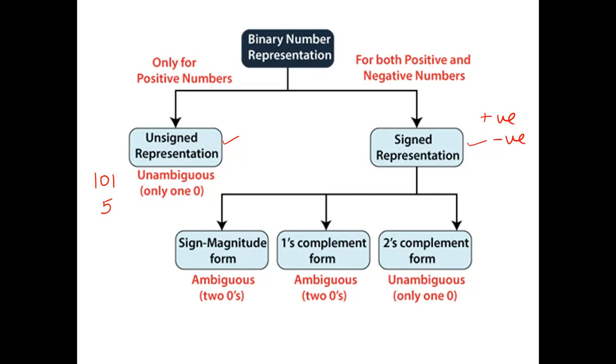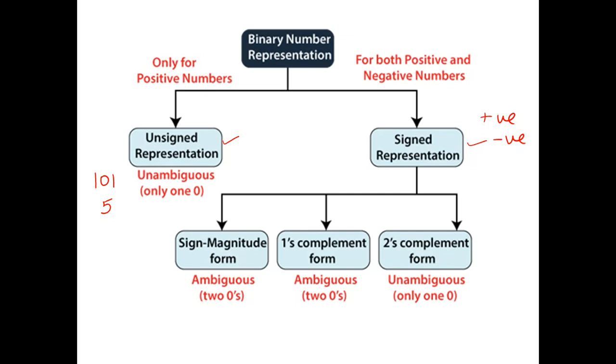Next is 1's complement form, which has ambiguous 2 zeros, and 2's complement form. Mostly these complement forms are used for the representation of signed numbers, normally negative signed numbers. The 1's complement of a number is obtained by inverting each bit of the given number, so we represent positive numbers in binary form and negative numbers in 1's complement form.